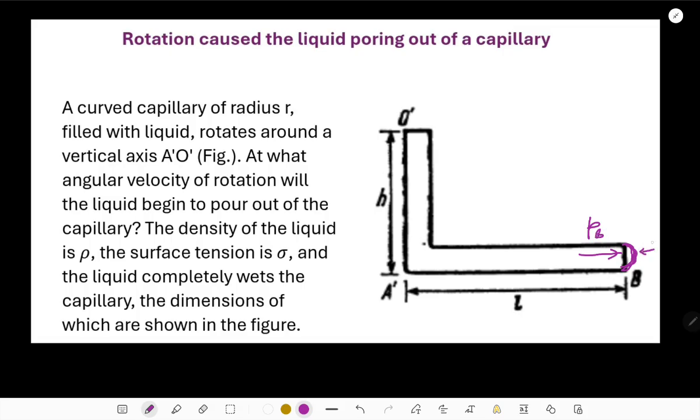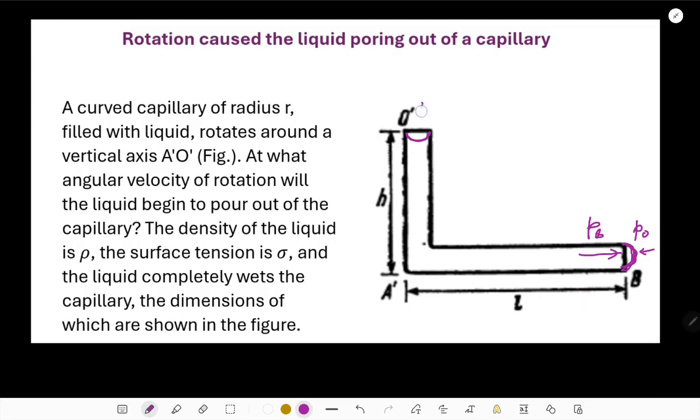This must be greater than the outside pressure, PO. And this will be in the form of a hemisphere. That means the radius of the meniscus is the radius of the capillary, that is equal to R.